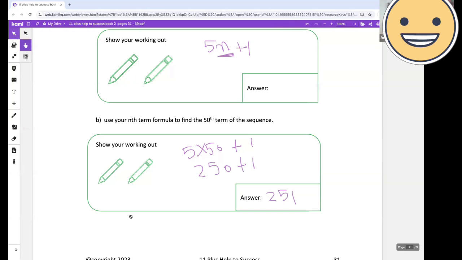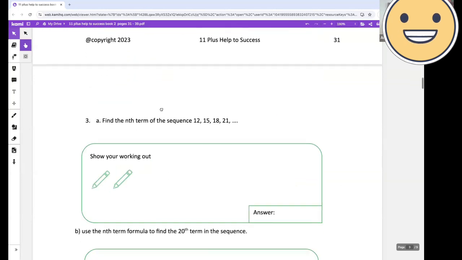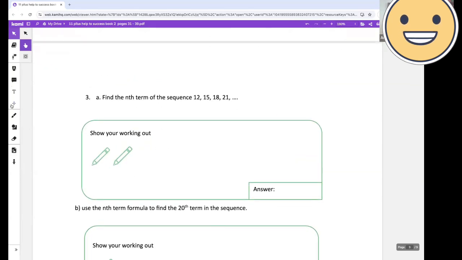So let's move down to the next one. The first part is the same in this. They are asking you to tell the sequence. They are telling you to find the n-term of the sequence 12 to 15, 15 to 18, and 18 to 21. So you need to think about the sequence in this one first.